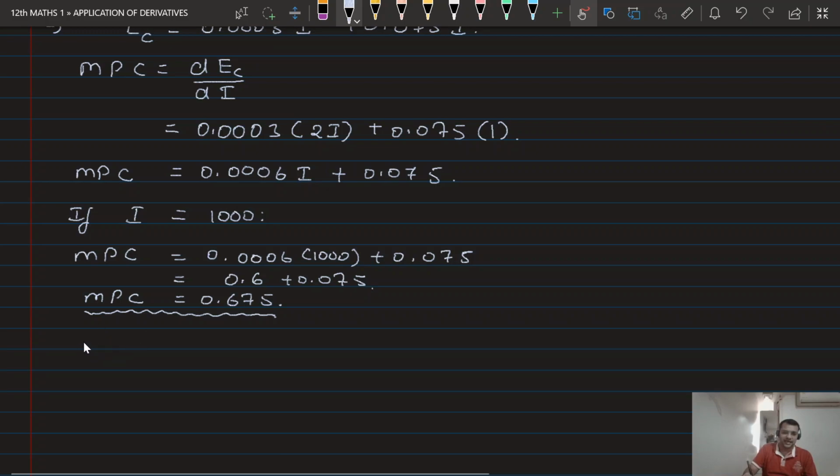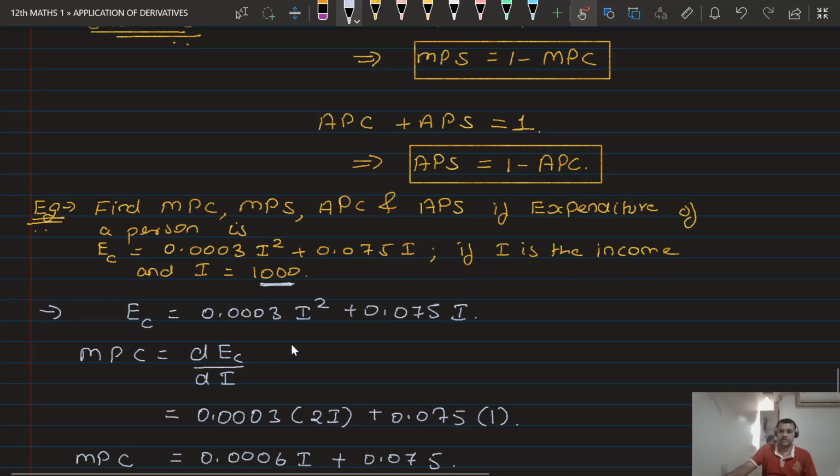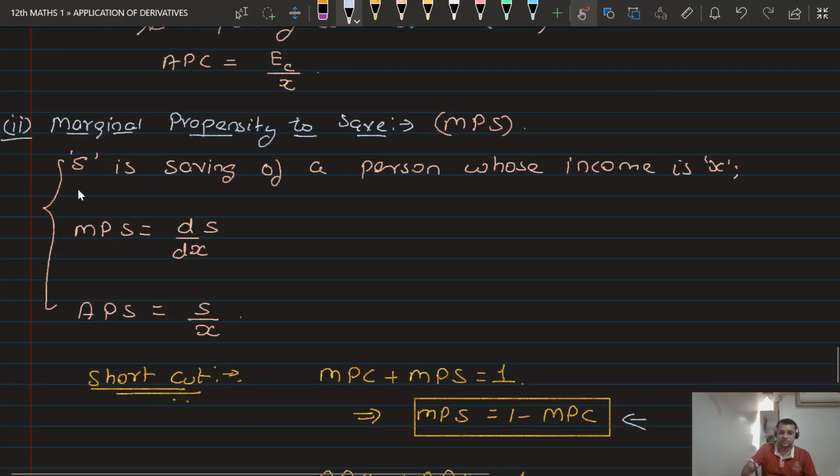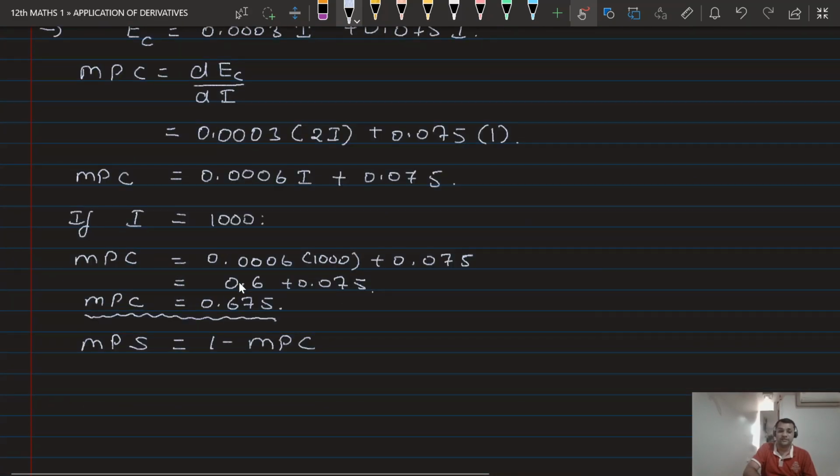From this I can directly find MPS by saying that MPS is 1 minus MPC. As I told you, the shortcut is MPS is 1 minus MPC, because the saving function has to be known if I want to use the other formula, and generally they will never give you the saving function, they will always give you the expenditure function.